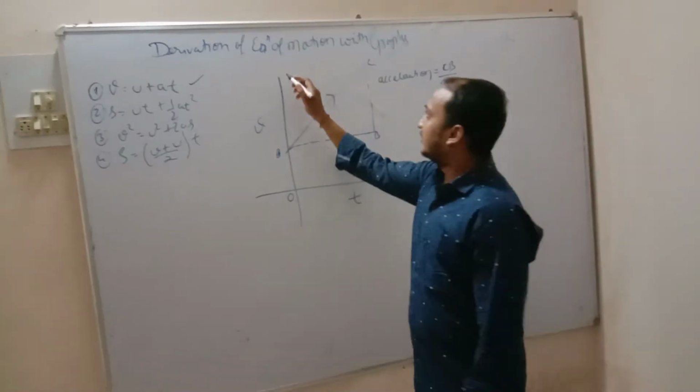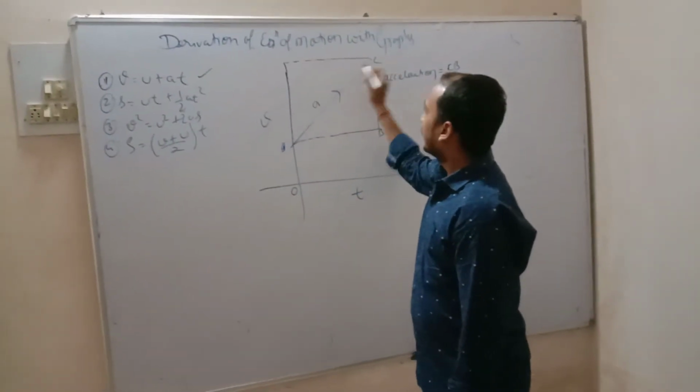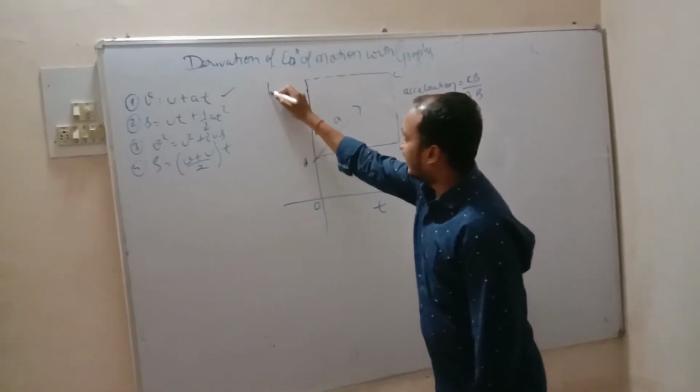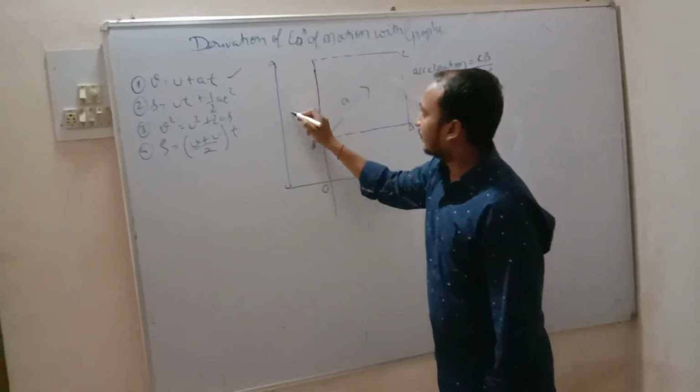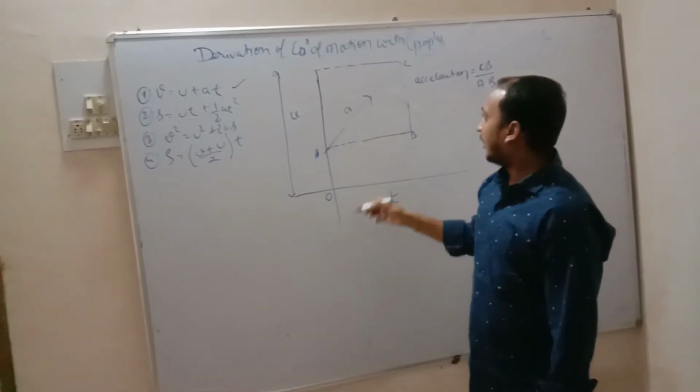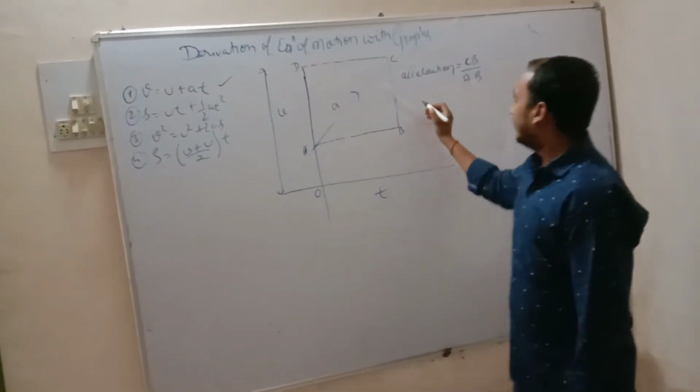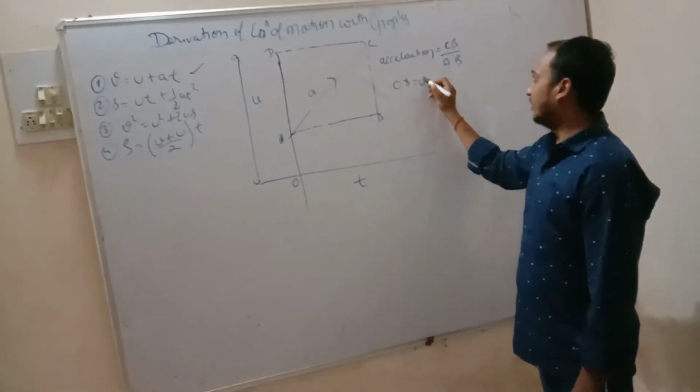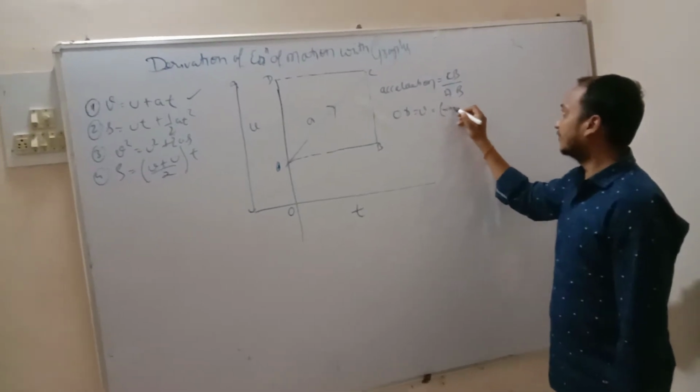Let the points be A, B, C, D. OD equal to V, that is final velocity.